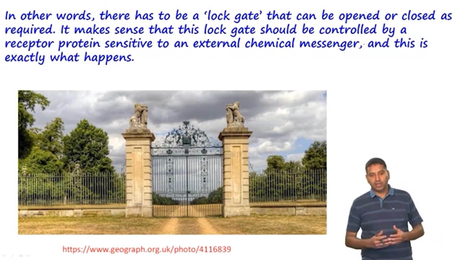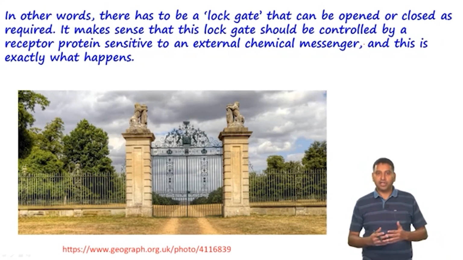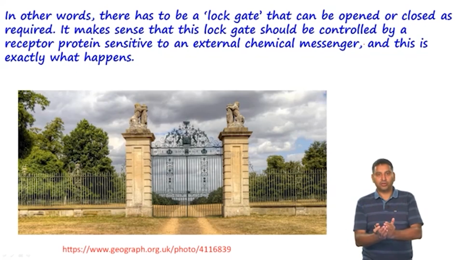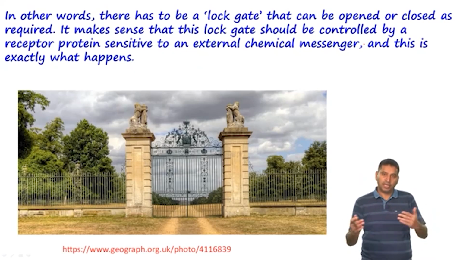The analogy that we can look at is our gates. When a building needs to be secure or when a campus needs to be secure, we surround it by a wall. But now we cannot pass through this wall, and therefore, gates are installed. Once adequate permission is obtained, the gate opens and you can enter, and the gate closes.